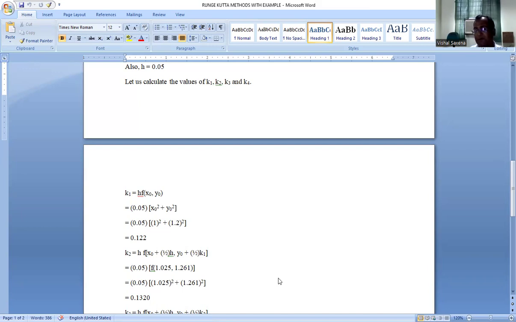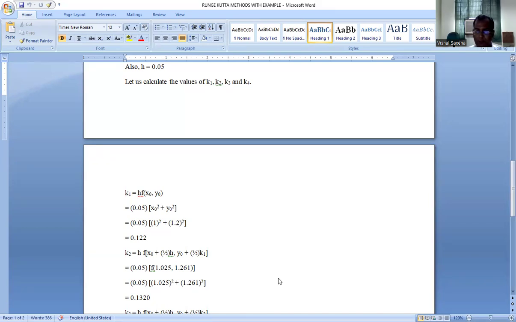So finally x naught plus h by 2 becomes 1.025, and y naught plus k1 by 2: y naught is already given as 1.2, and k1 we have already calculated as 0.122.